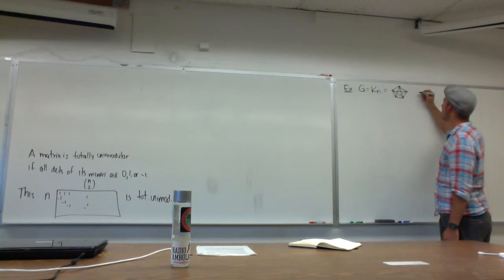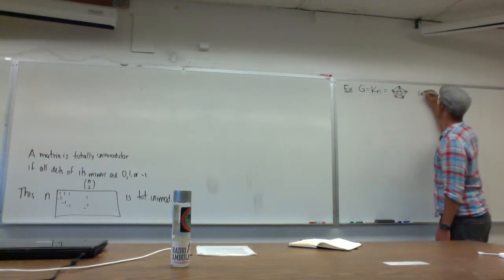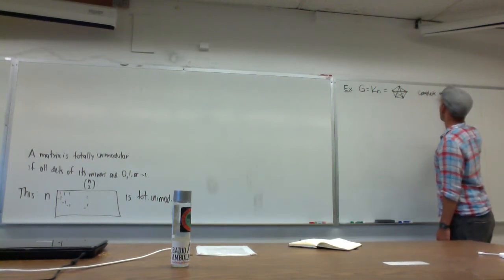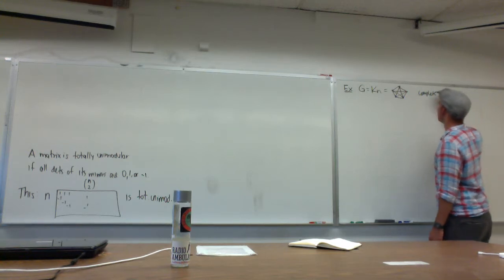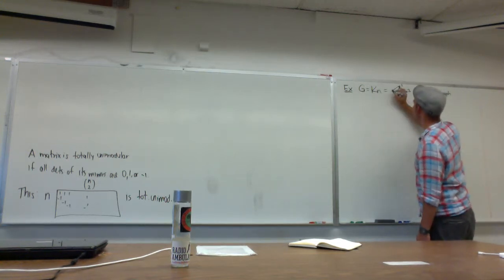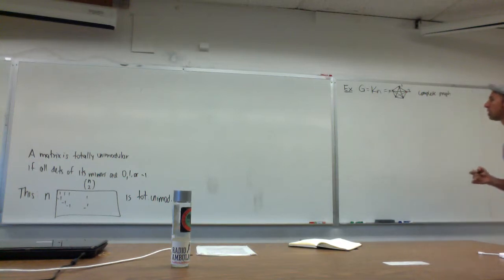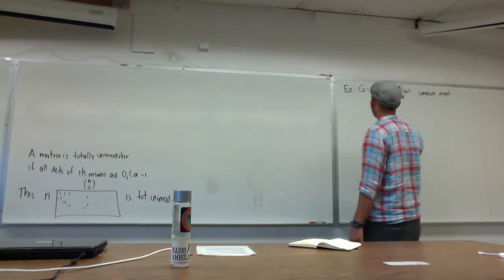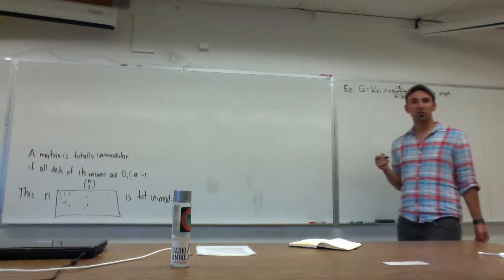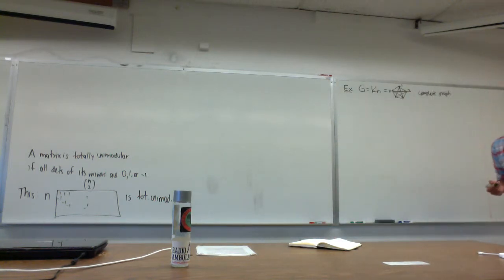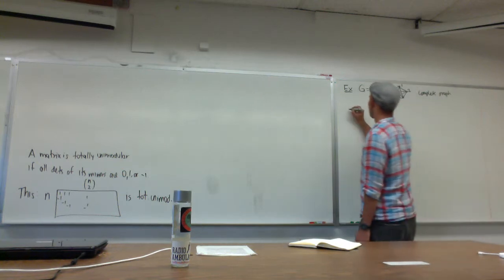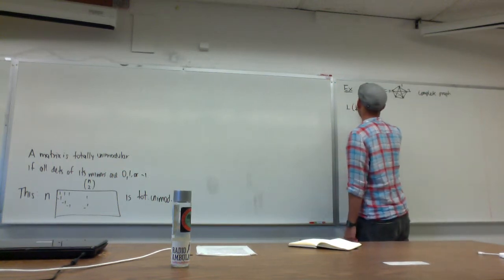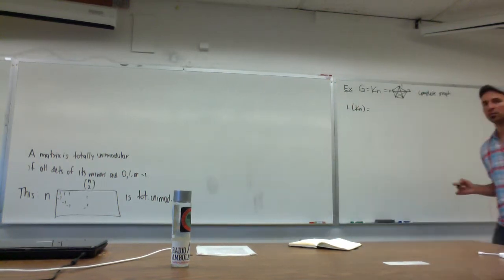So how many spanning trees does it have? Let me number the vertices 1, 2, up to n to remember that there are n vertices. To compute the number of spanning trees, what we should do is understand what the Laplacian looks like. So what does the Laplacian of the complete graph look like?